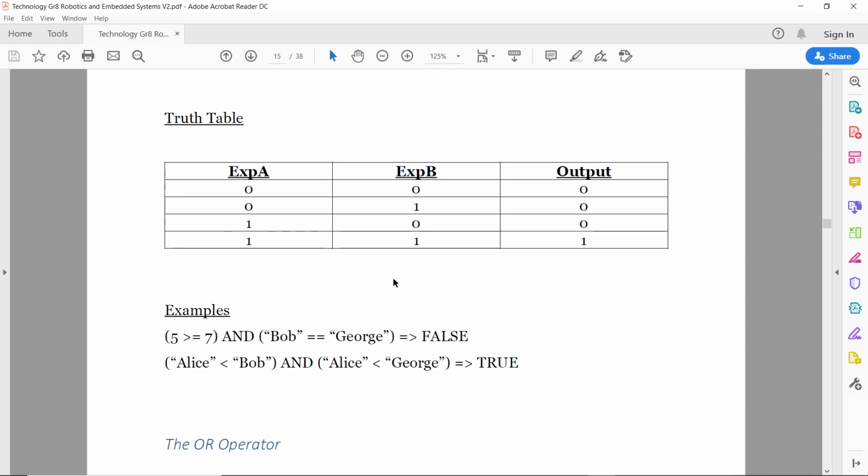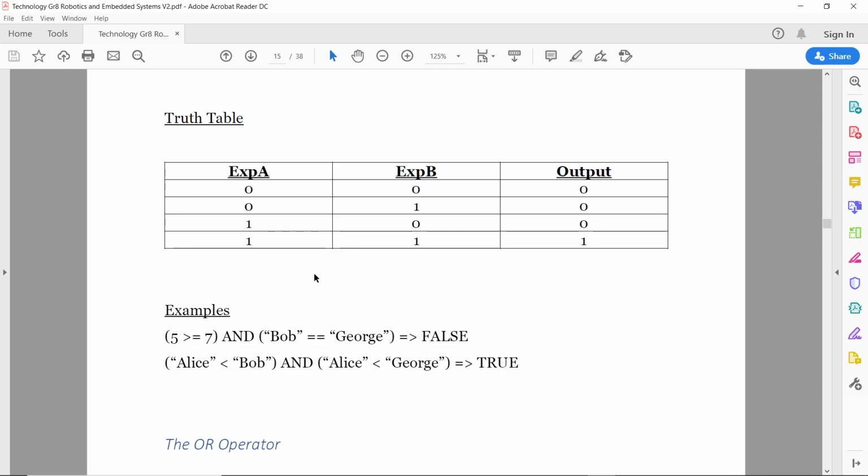The number of possibilities is 2 to the power of how many inputs you've got. So we have 2 inputs, input A and input B. 2 to the power 2 is 4. So there are 4 different combinations of inputs that we can have.